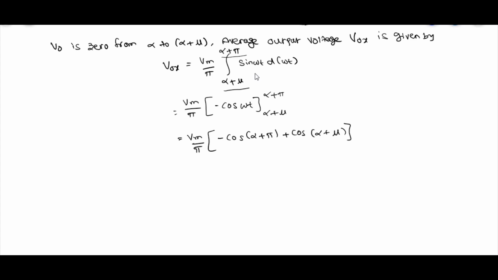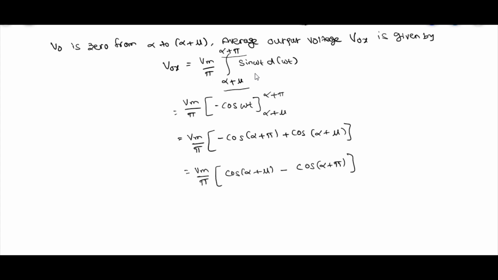I have applied the limits. Now it will be Vm by pi, cos alpha plus mu minus cos alpha plus pi. I have rewritten the equation.